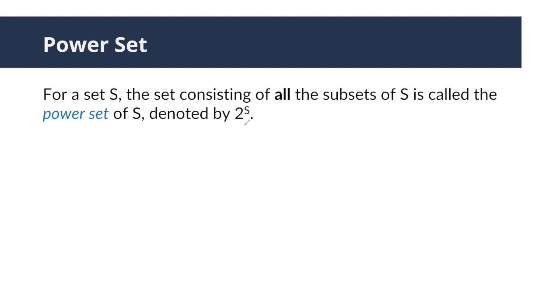However, here 2^S is not 2 to the power of S. This is a set. Therefore, we can use this to describe the elements in the power set of S, where each element x is a subset of S.